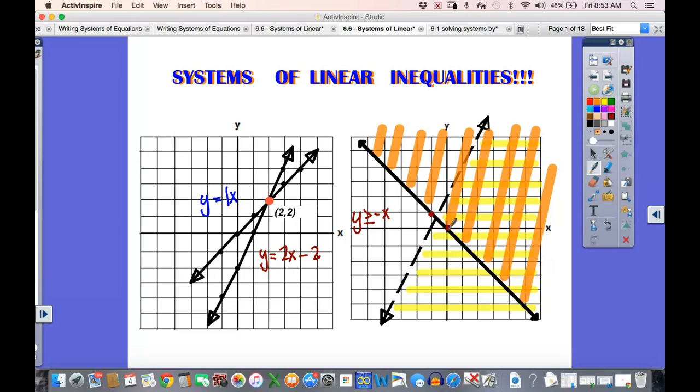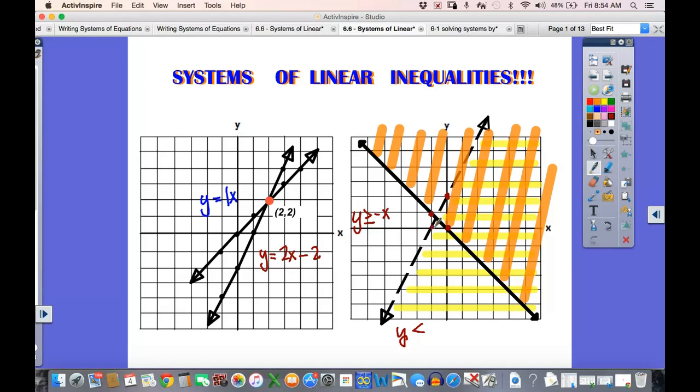And the y-intercept is 0. So y is greater than or equal to negative x. And then this line right here, the shade is below the line, so it's less than, not equal to, because it's not a solid line. The y-intercept is at 2 right here.